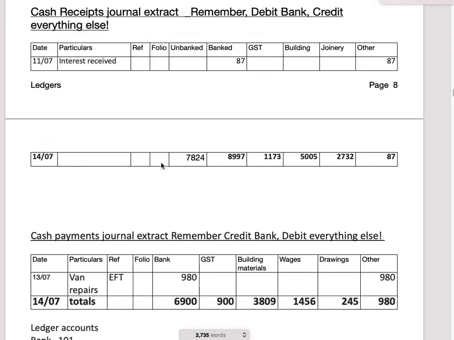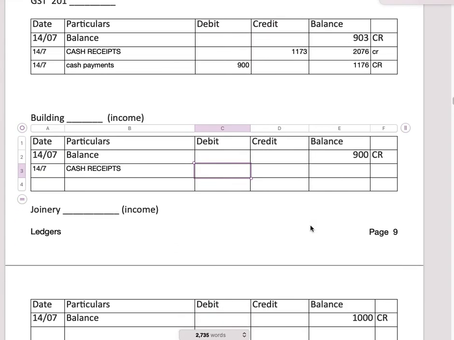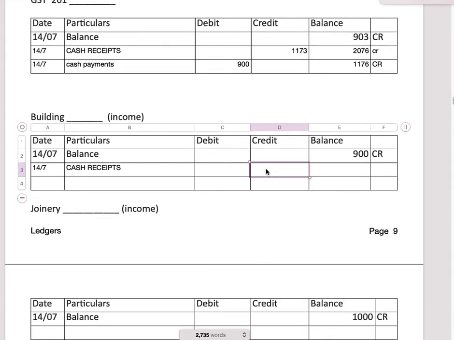We go back up, let's have a look at the cash receipts. It says debit the bank, credit everything else. So we're putting this in the credit, and we've got $5,005. So coming down here, credit 5005. And we're going to tab across. Now we've put something in the credit. It's got a credit balance, so that means that we need to add them.